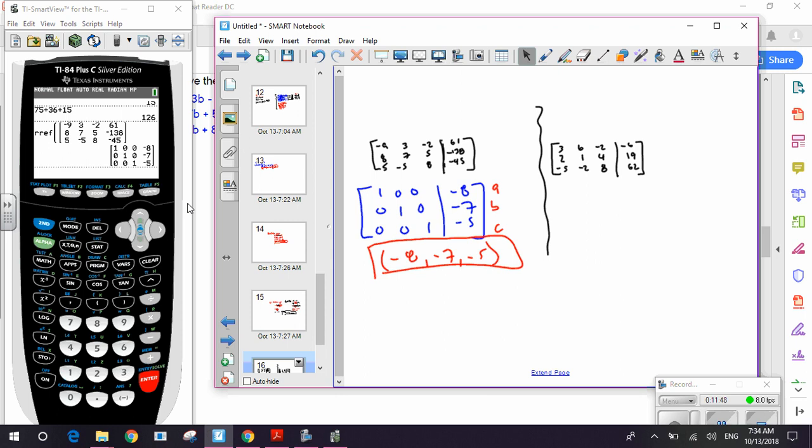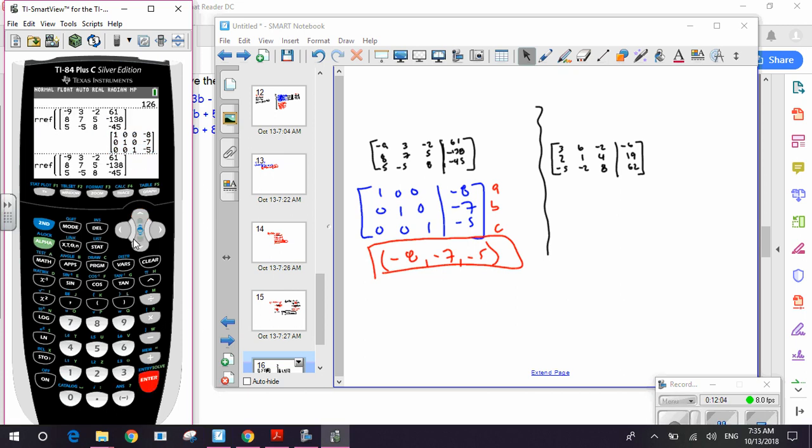Now, if I don't want to go through all the keystrokes again, because I know I'm going to use the same size matrix, just highlight the matrix and RREF, it'll copy it down to the current line. Now we just have to change all the elements. Just be careful.